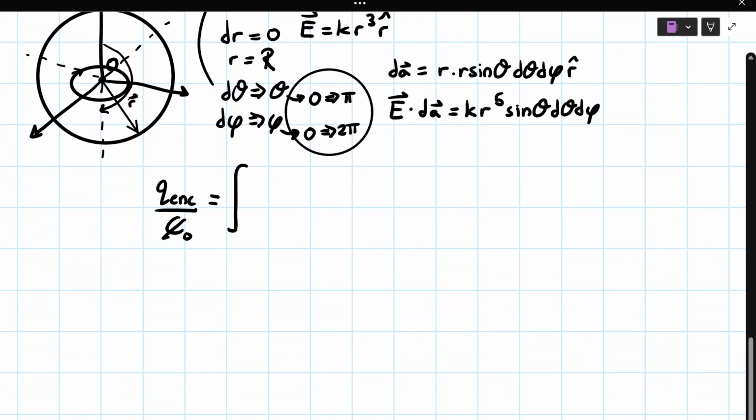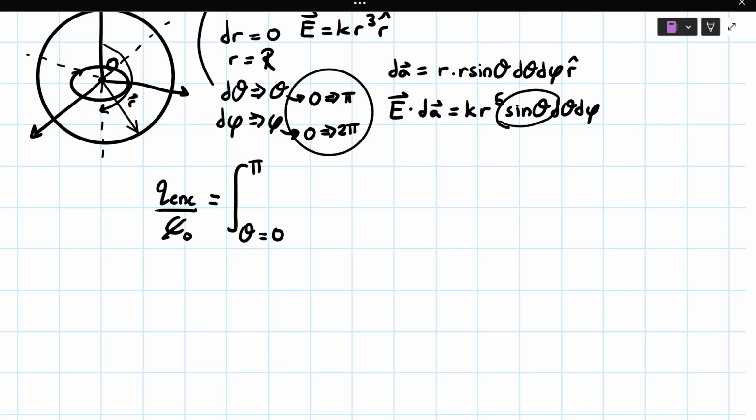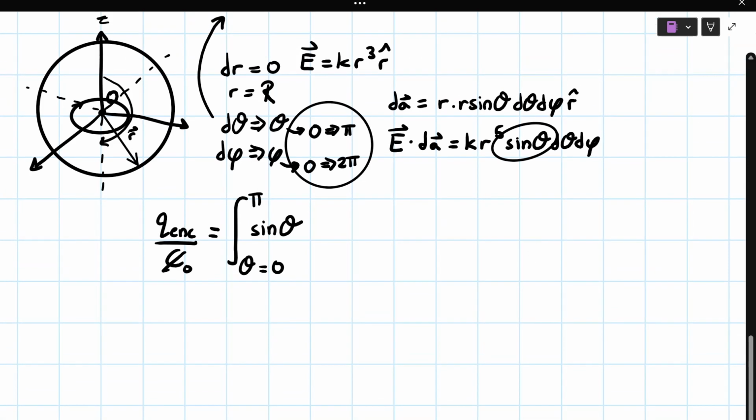And so we find that theta goes from 0 to pi, and the only thing in the equation that depends on theta is this sine of theta. And r to the 5th, we have to recognize r to the 5th is constant, r equals r. So nothing's going to integrate this. This will not change in value.